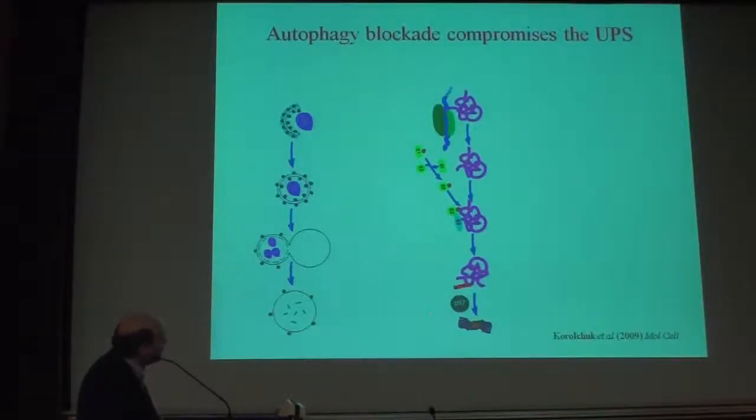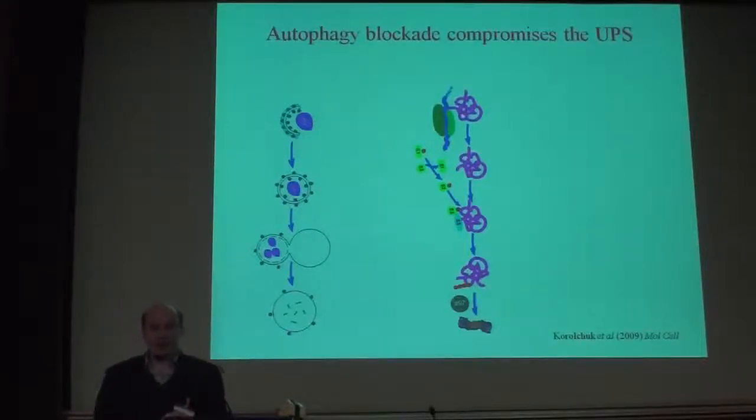One of the proteins that mediates subsequent attachment of ubiquitins, and in some cases delivery of such proteins to the proteasome, is a protein called p97, which binds ubiquitin-modified proteins as well. Now, parenthetically, it's worth mentioning that both p62 and p97 are mutated in neurodegenerative diseases that manifest neurodegeneration and aggregate formation. So we found that when we blocked autophagy, we slowed flux in the ubiquitin proteasome system.